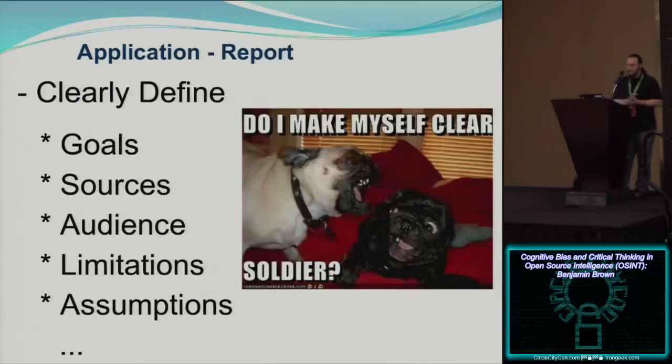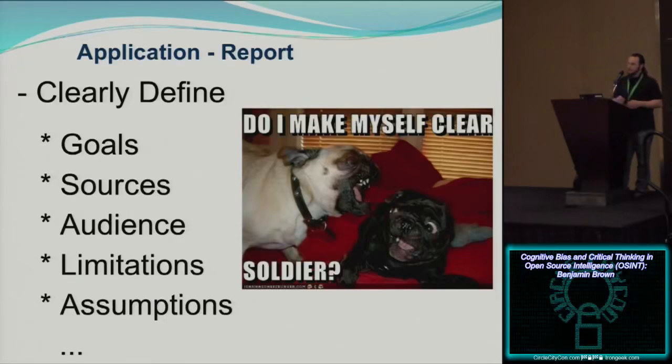And when you're finalizing or even making a preliminary report, you want to be clearly defining your goals, your sources where applicable, the audience, be clear about who is supposed to be consuming this, the limitations. Again, you're not going to have perfect data, so there are going to be limitations either in resources, in access to information, maybe because of linguistic barriers, things like that.